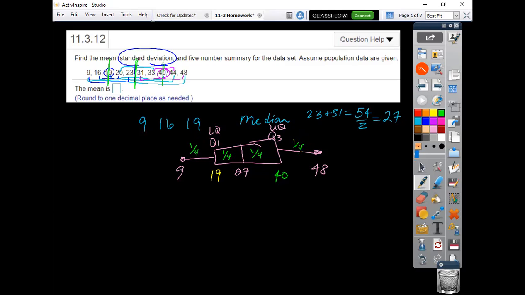So what I would do for this is, let's hop on over to Desmos and just do it using Desmos. Let me make sure I've got a Desmos screen open here.